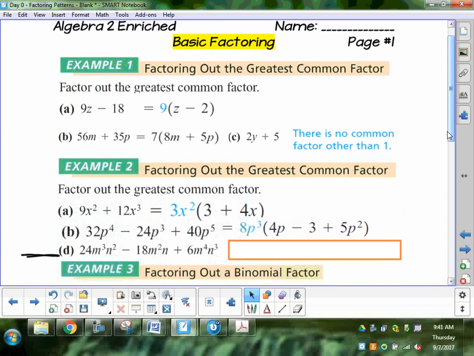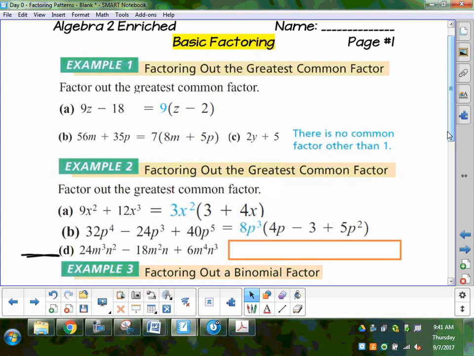This was a little bit of a refresher. Try 2D right now on your own. Please go through and do 2D on your own right now. To identify your GCF, etc., factor out what you can.